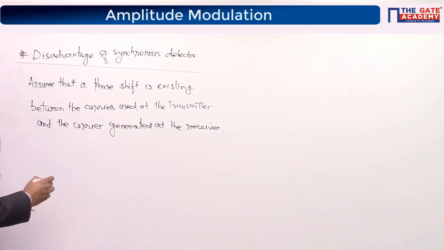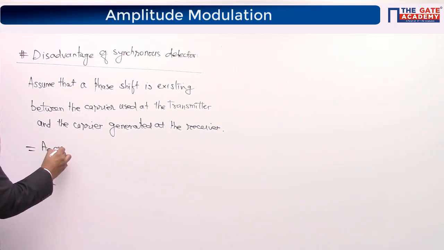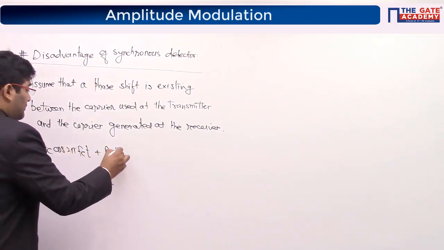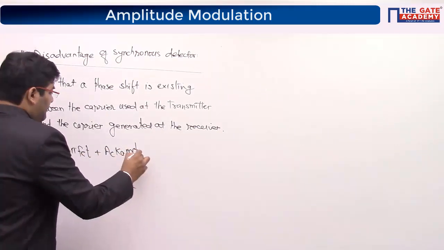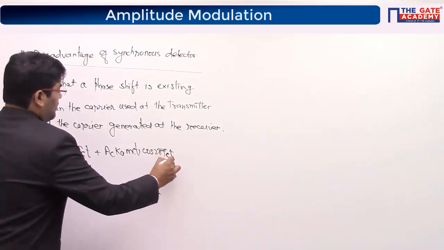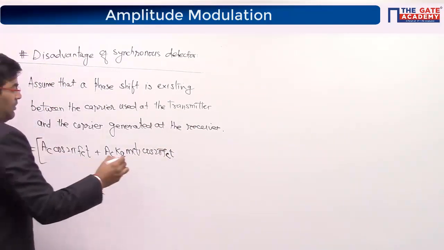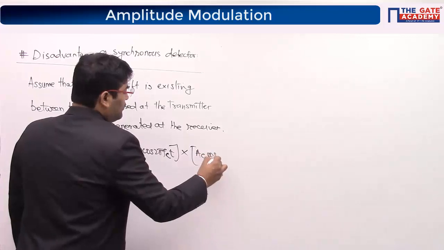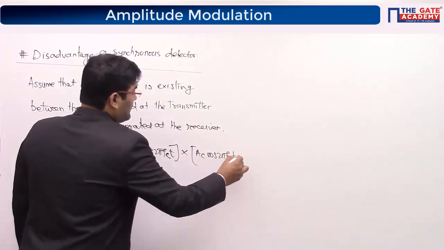So what I'm saying is that now you are not multiplying just Ac cos 2 pi fc t to the AM signal.